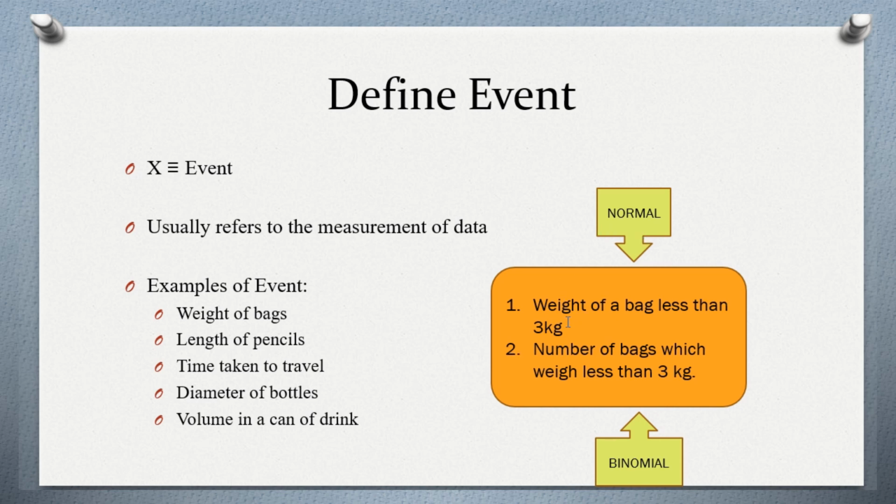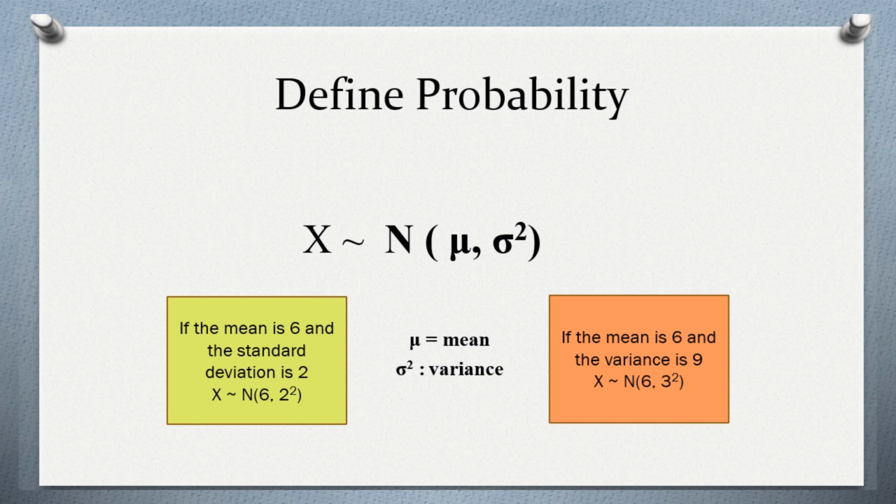Okay, if you look at these 2 events, let me show you the difference. Weight of a bag less than 3 kgs, that is normal. That means weight of the bag, that's normal distribution. If it's a binomial distribution, it will start with number of bags. So these are a few examples that you have. You will define the distribution, like for binomial you had B with n and p, for Poisson you had your lambda.